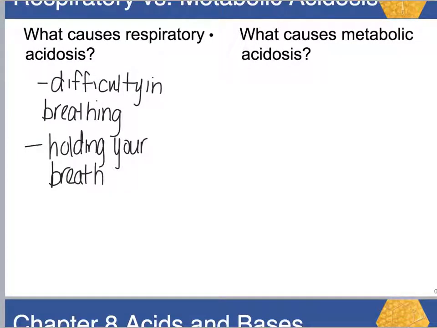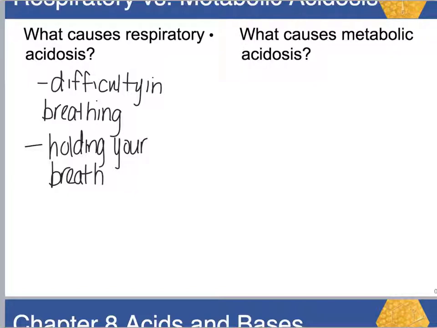So what causes respiratory acidosis? Well, two things. One is difficulty in breathing, which can be caused by a number of diseases, such as pneumonia, emphysema, congestive heart failure, or asthma. Or in any situation where you're diminishing the amount of oxygen that reaches the tissues, and you wind up with a buildup of CO2 because it's not leaving the lungs.